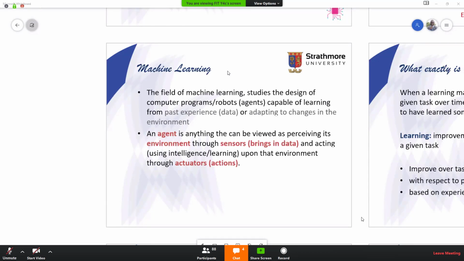And then they could act on the data using actuators. Thank you very much. So there's an agent who perceives the environment and then processes the data or learns from the data, and then can act on the environment. That was machine learning, or just AI in general.